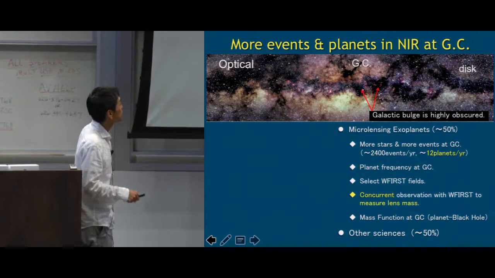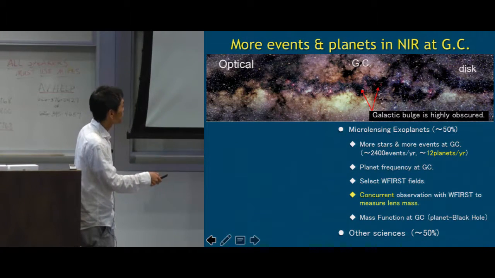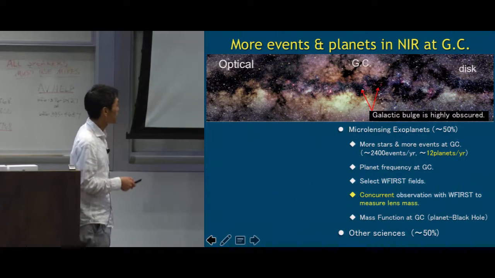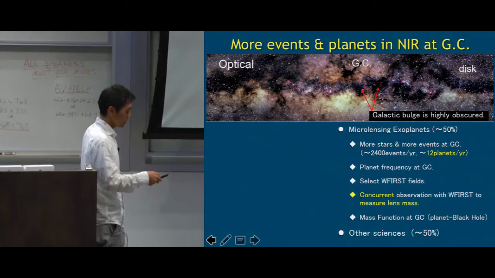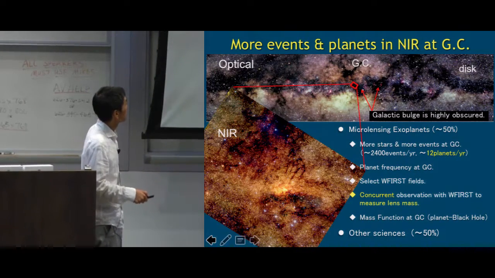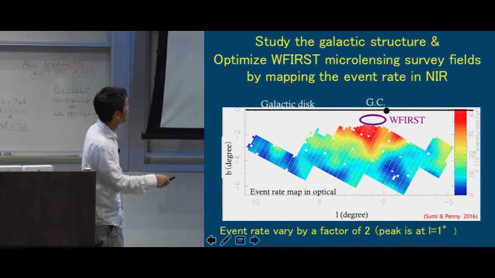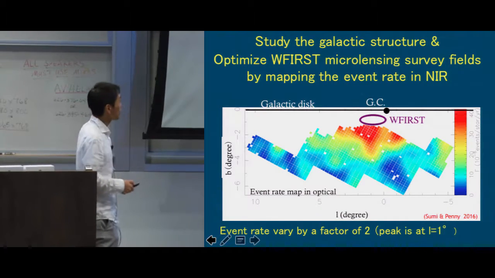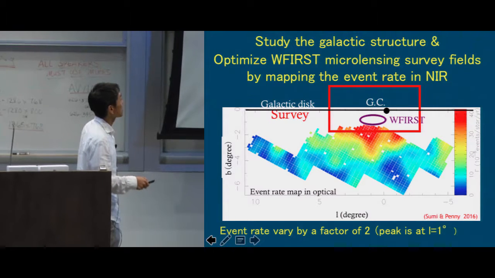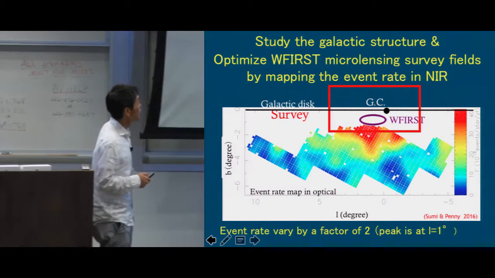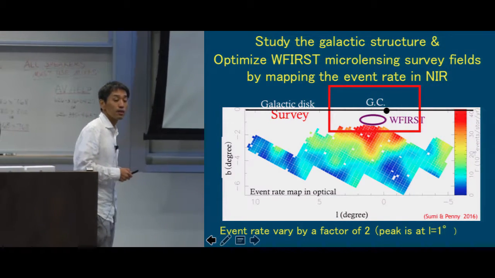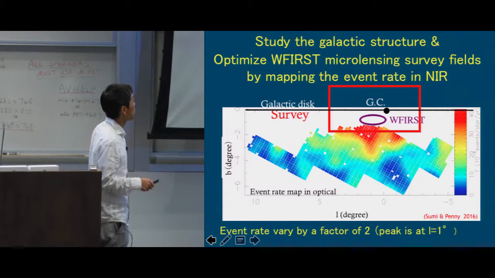And after this observation, we can use it to select the WFOS observational field. So this is the proposed observational field. This color map indicates the map of the microlensing event rate measured by Mróz.